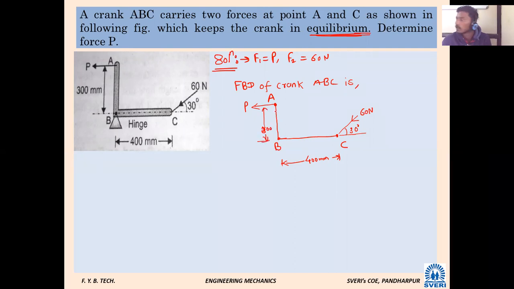Likewise, forces are given. Now let us see. Very simple.